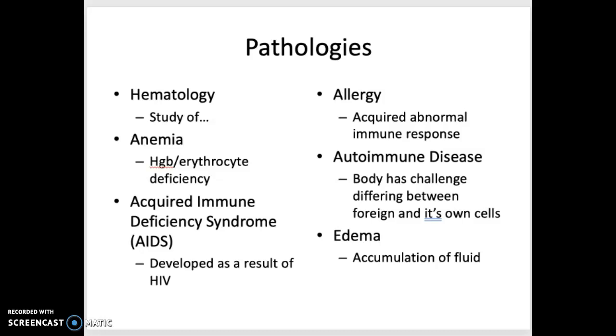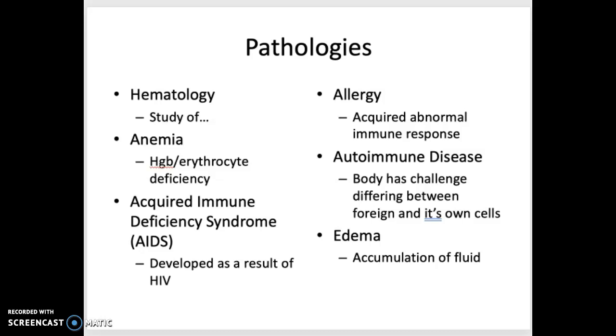And if you're lacking iron, then your body's not going to be able to produce as much hemoglobin, because iron is a big component of hemoglobin. There's also sickle cell anemia, which is a genetic disorder that causes the production of an abnormal type of hemoglobin. So the erythrocytes actually have an abnormal sickle shape, which is why it's called sickle cell anemia.